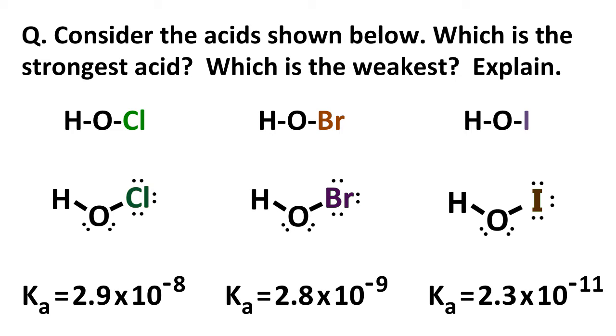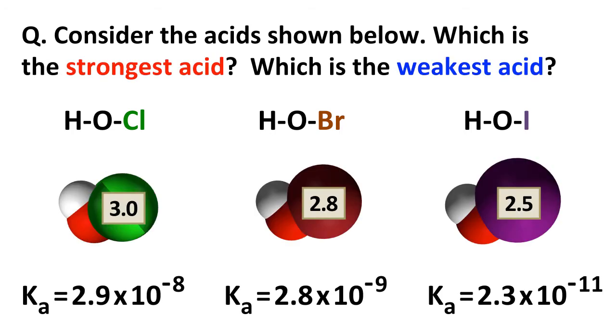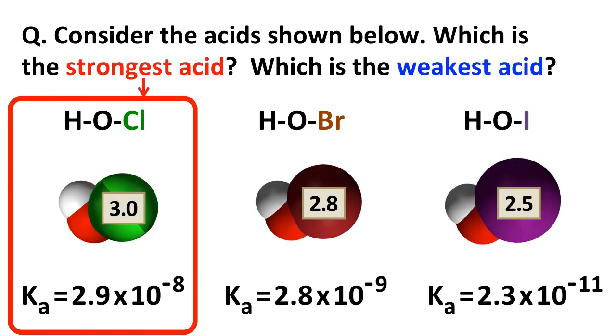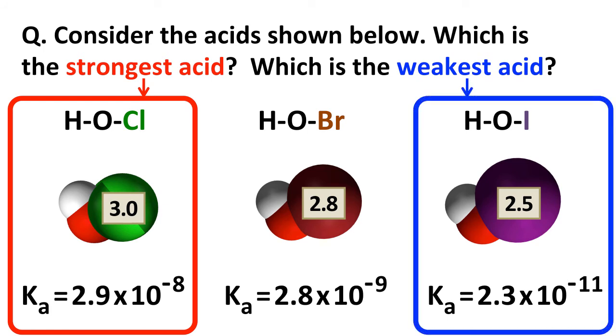Now, there are other things that we can deal with in terms of molecular structure affecting acid strength, but this is one of the biggest factors, and so that's an example of that. So here's our answer: strongest acid HOCl, weakest acid HOI, due to electronegativity differences between the terminal atom. Otherwise, these molecules are the same.